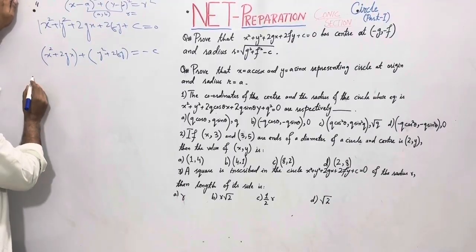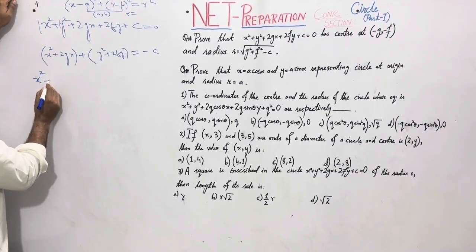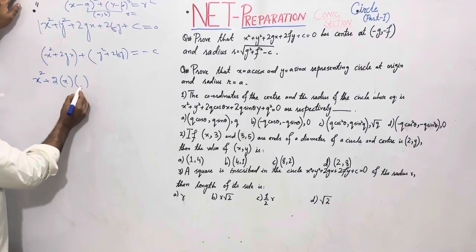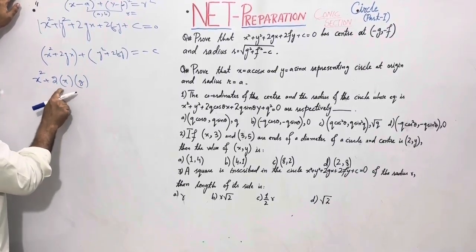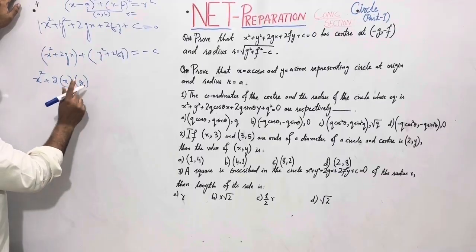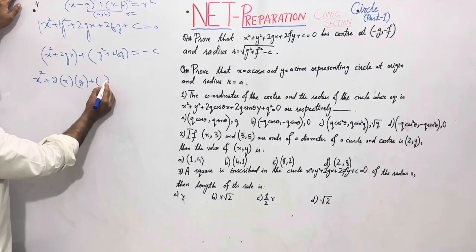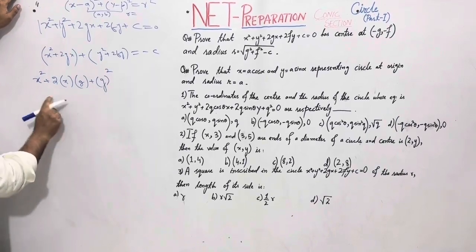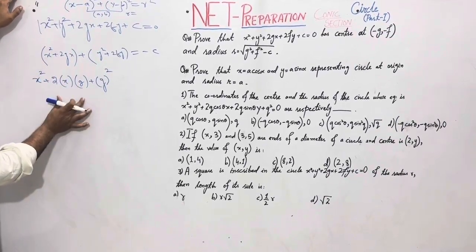To make this a perfect square: x square plus 2 times x times g, there must be g square in order to make it a perfect square.